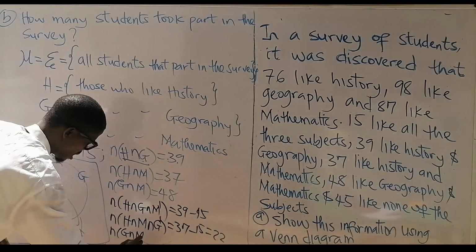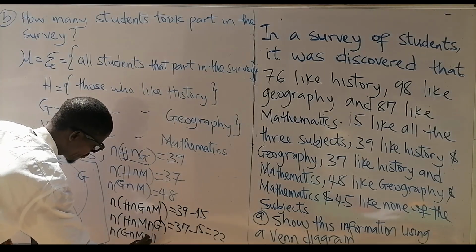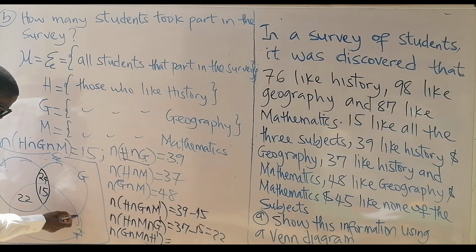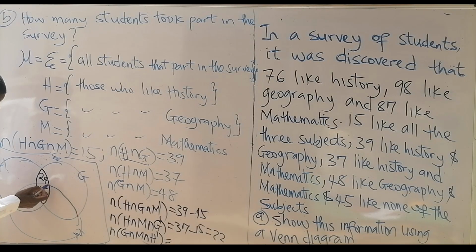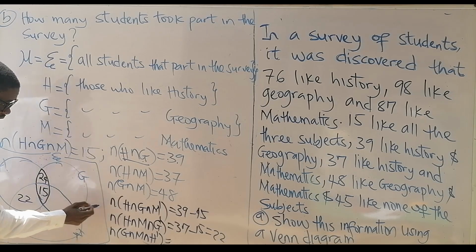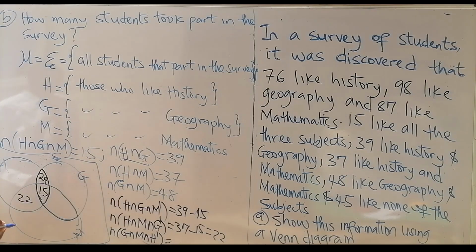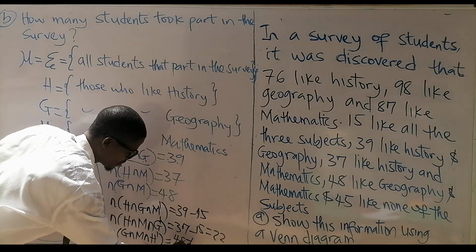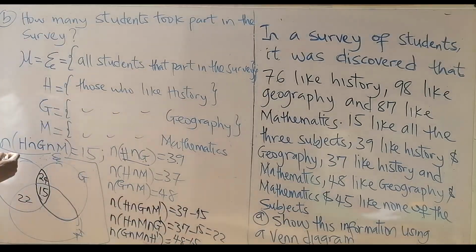Then also get the geography and mathematics, excluding H. What is the number? We are told that those that take geography and mathematics are 48. But among these 48, we have 15 that take all the 3 subjects. So it's going to be 48 minus 15 to get those that take geography and mathematics only.